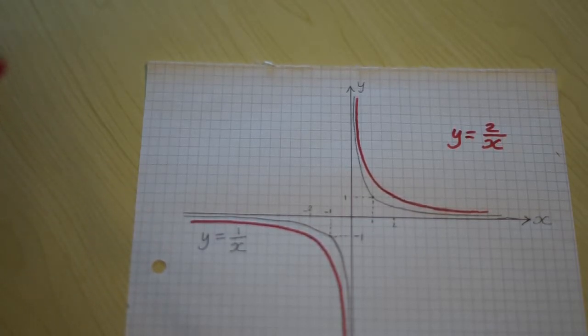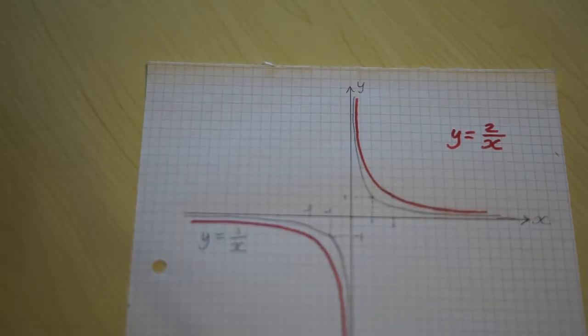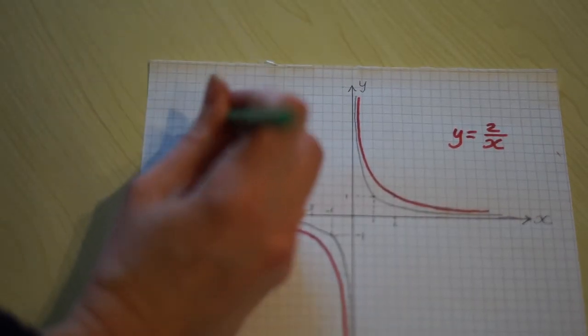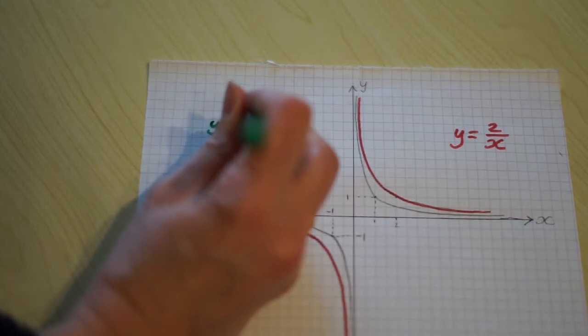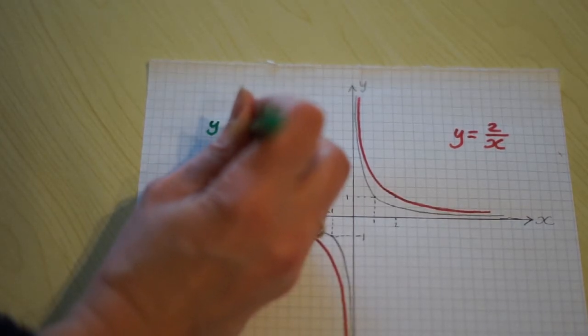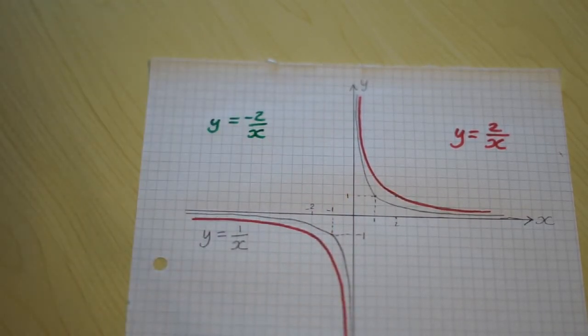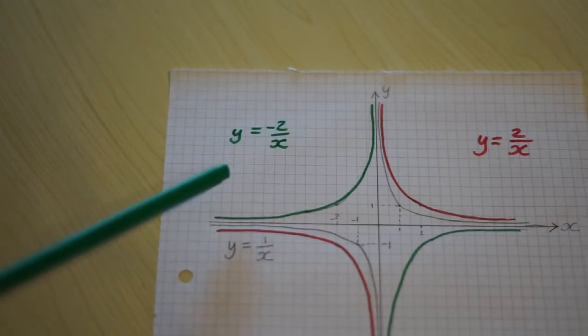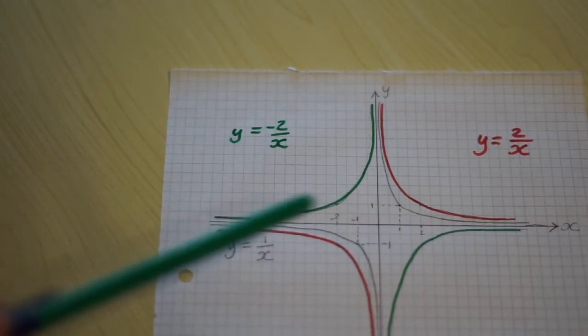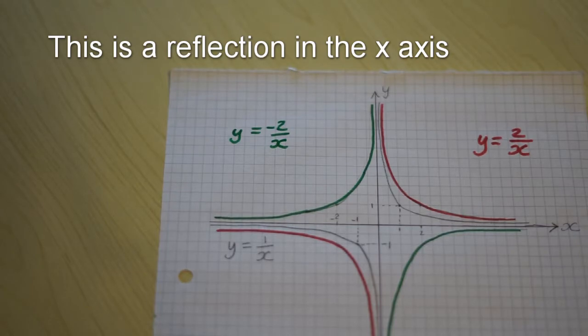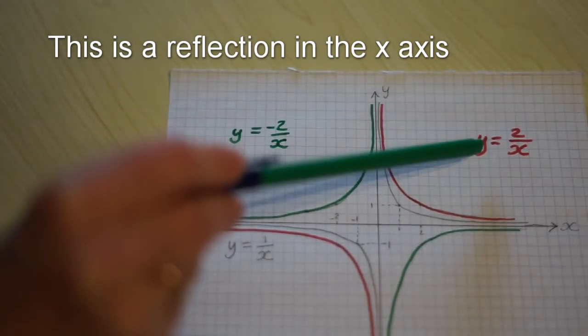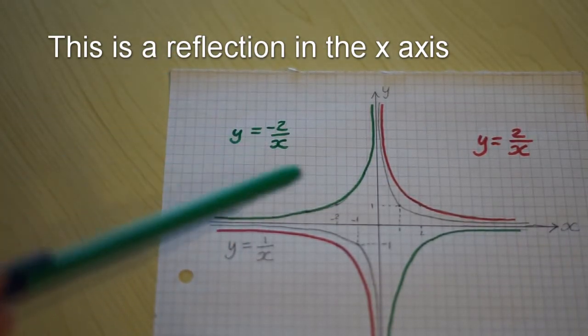So if the numerator was negative, for example y equals -2 over x, the y equals -2 over x graph would look like this. As you can see, this is a reflection of y equals 2 over x.